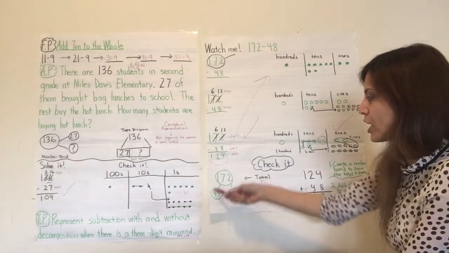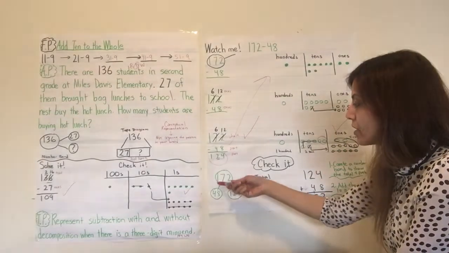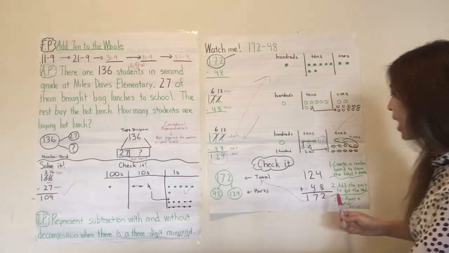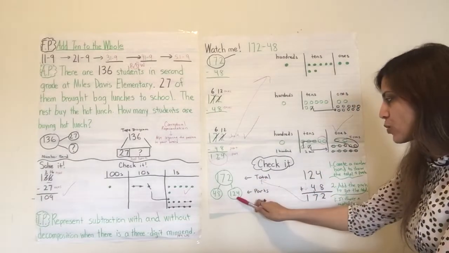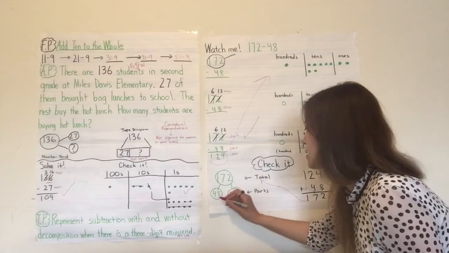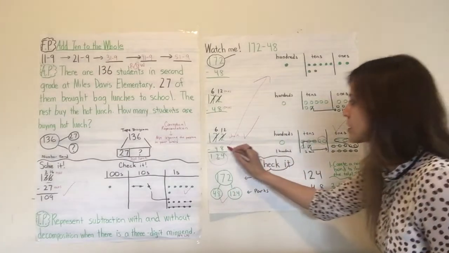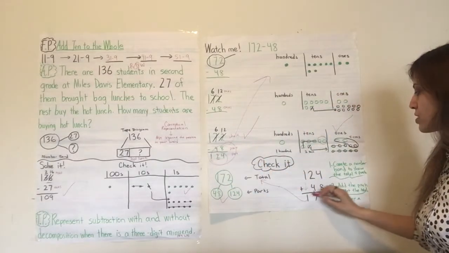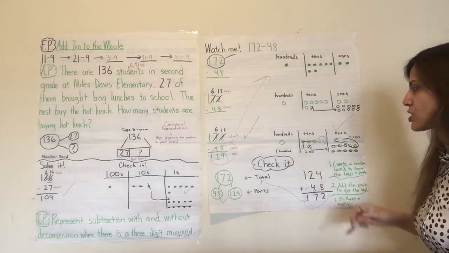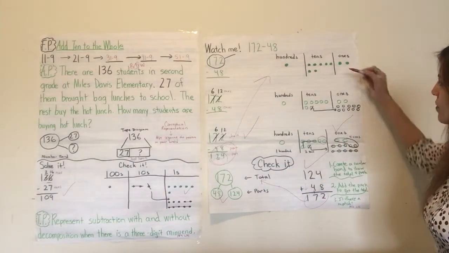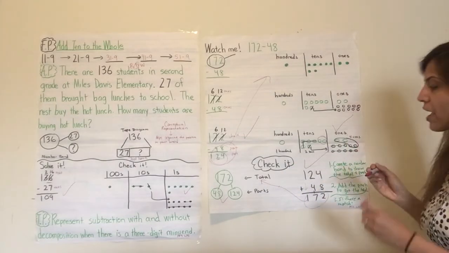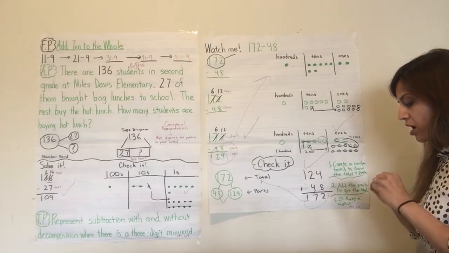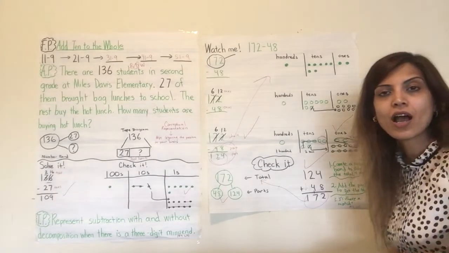But again, you can create your number bond now and look at it. There's a total, and then you add the 124 plus 48, these parts right here, to get that total, and you check it. If it checks off, check. So you have a check with the place value chart and the addition check off. Amazing work.